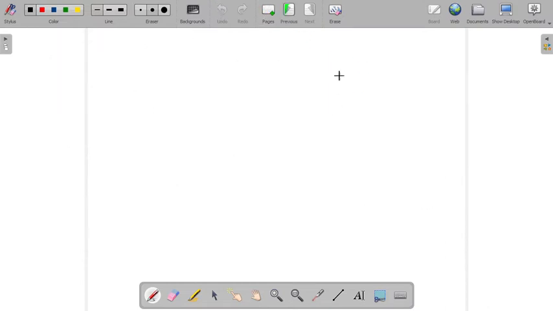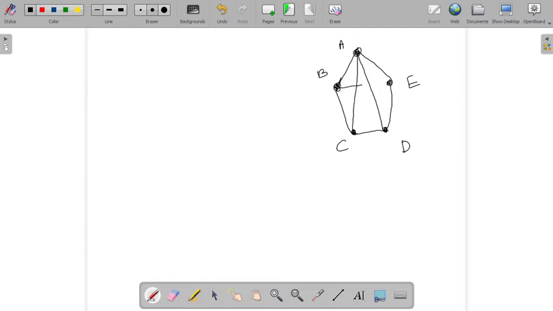Now let me take the 5 vertices: A, B, C, D and E. You will be joining all the vertices. Okay, we are done. So this is going to be our graph.